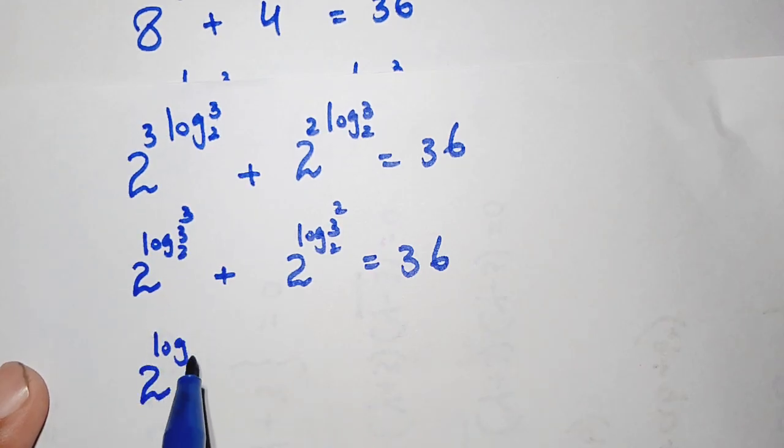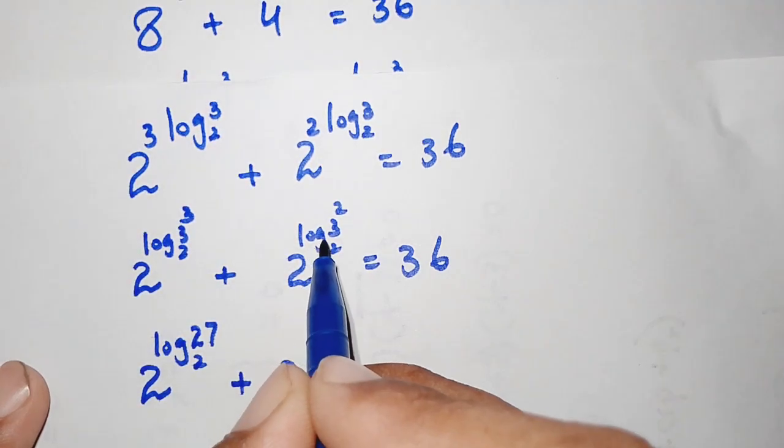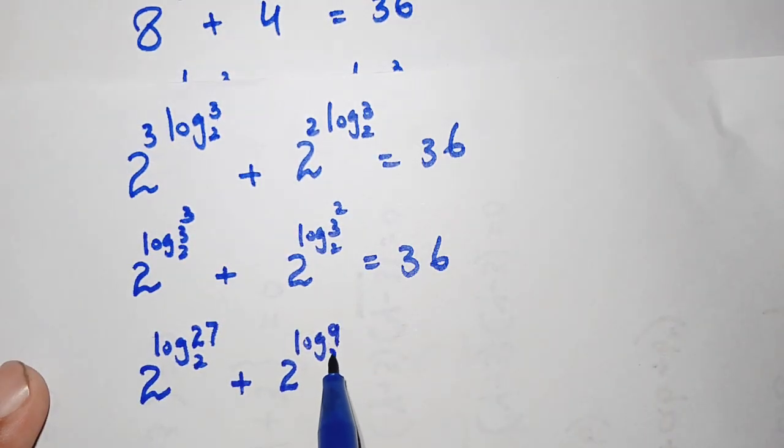So this will become 2 to the power of log of 27 of base 2 plus 2 to the power of log of 3 square, which is equal to 9, of base 2 is equal to 36.